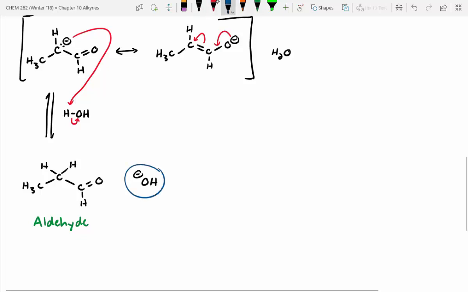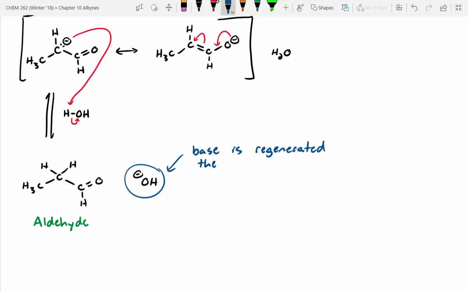And just like before, we saw we regenerated the acid in the acid-catalyzed transformation. In this one, we're regenerating hydroxide. So the base is being regenerated, therefore this entire mechanism is catalytic. Just like we saw in the acid-catalyzed transformation where we said the ketone is always favored, it's similar here.